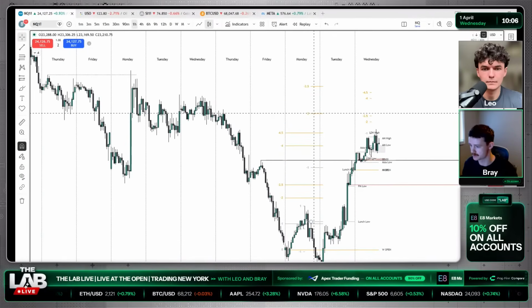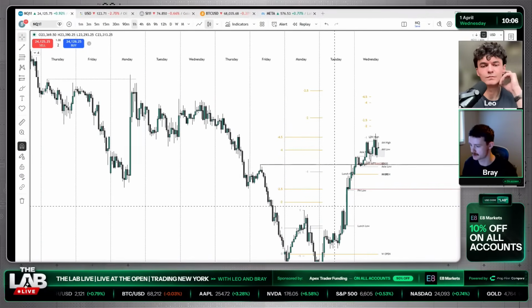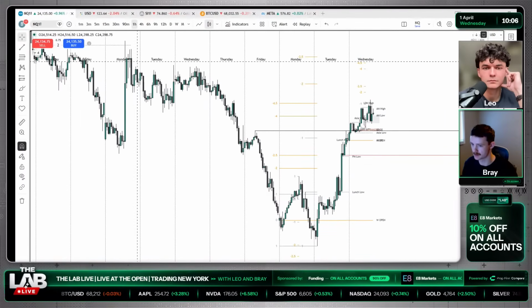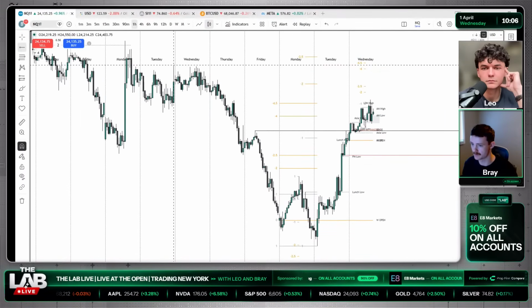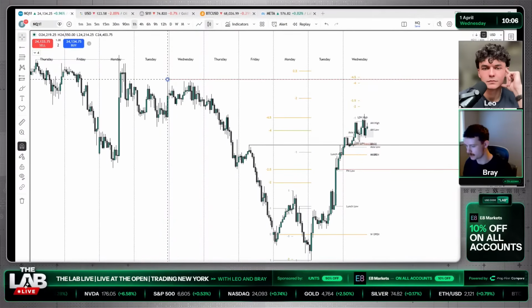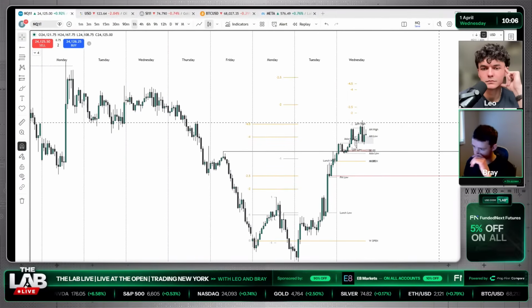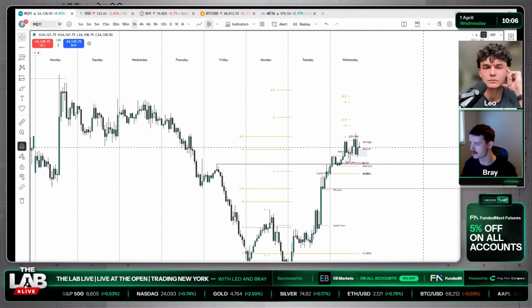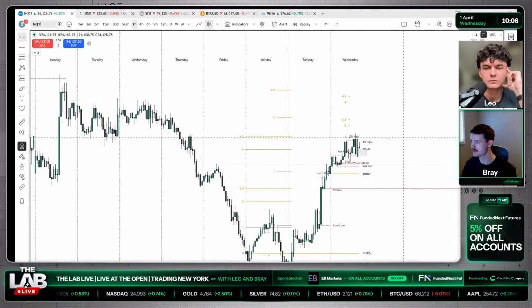And this -2 here, from this swing high to this swing low of the week, takes you up into these relative equal highs above the Tuesday high. So we will see what happens. I just am not keen on getting long up here. I think it's more of a chase than anything.